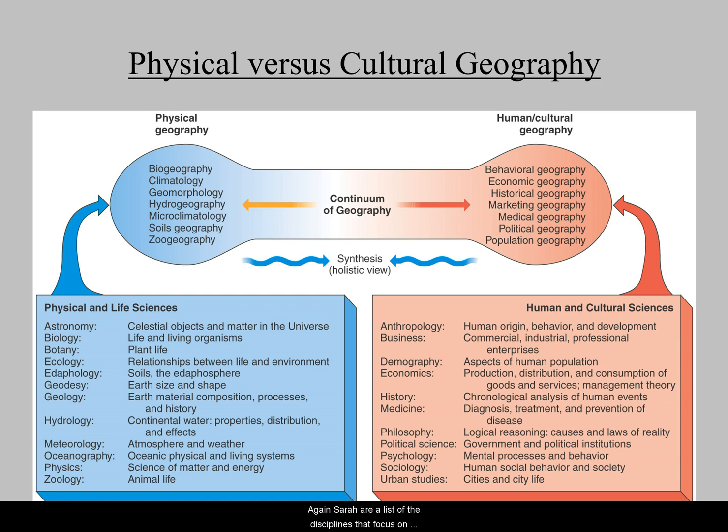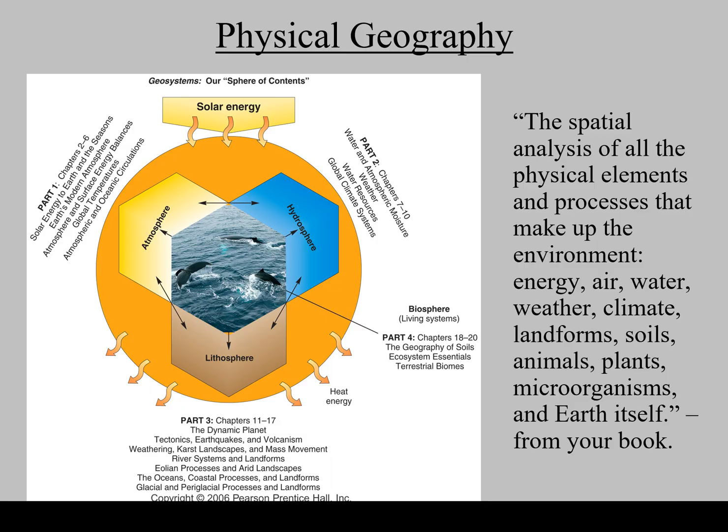Again, there are a list of the disciplines that focus on physical geography and life sciences and human and cultural sciences. And as we talked about before, both sides can interact amongst each other in this holistic synthesis between the two. So from your standpoint, it's good to have an understanding about the fields that make up physical geography and the different fields that make up human and cultural sciences.